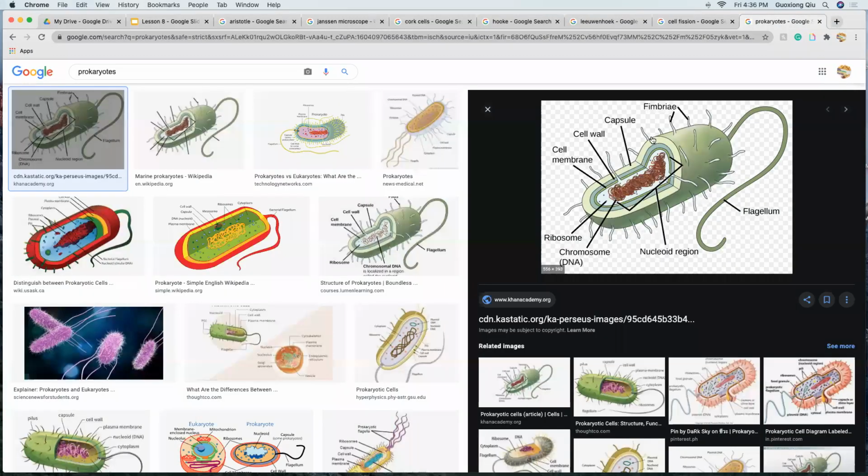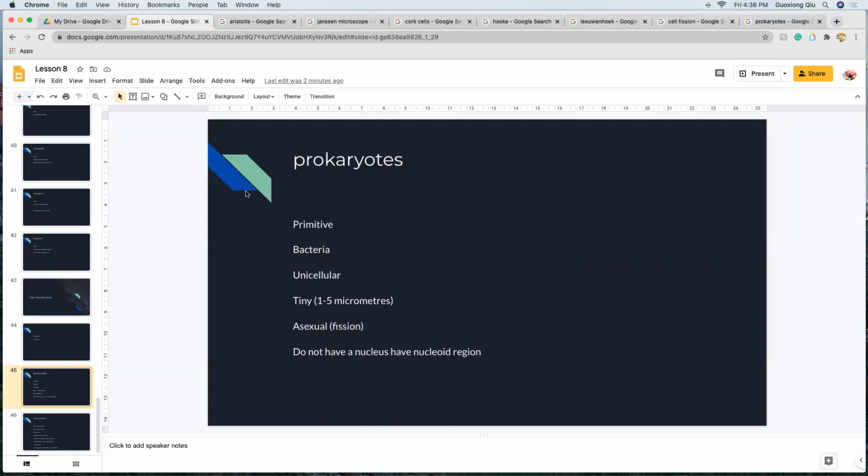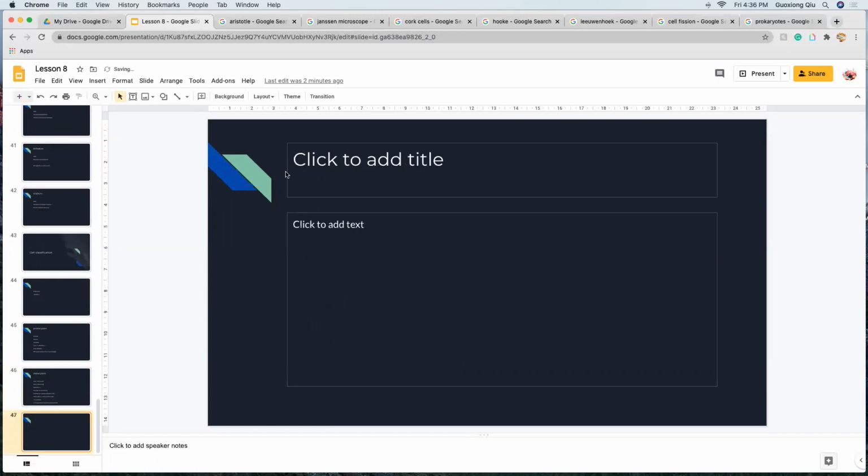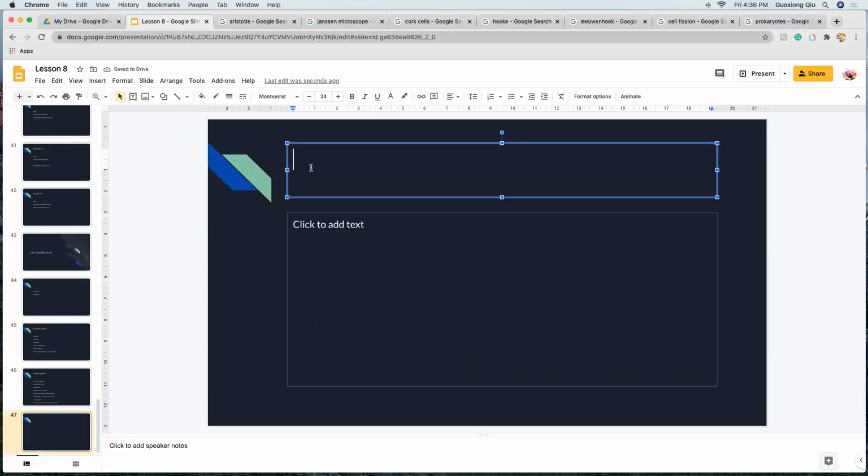Everything in prokaryotes is just kind of spread around. One thing you might be tested on is comparing and contrasting prokaryotes and eukaryotes, so I suggest remembering their differences and similarities.